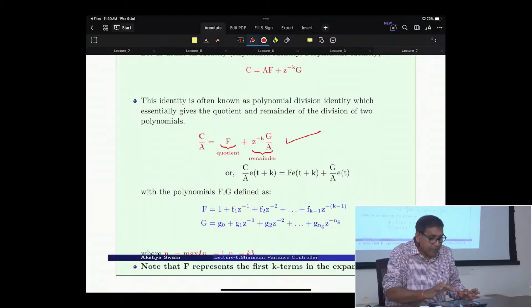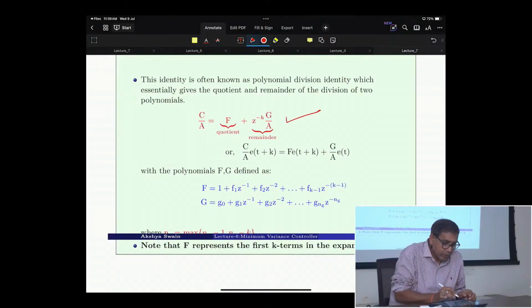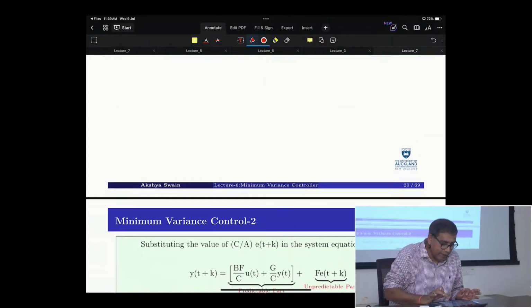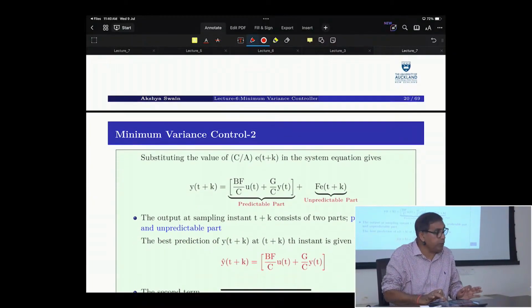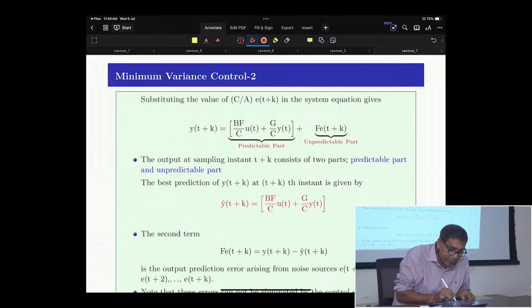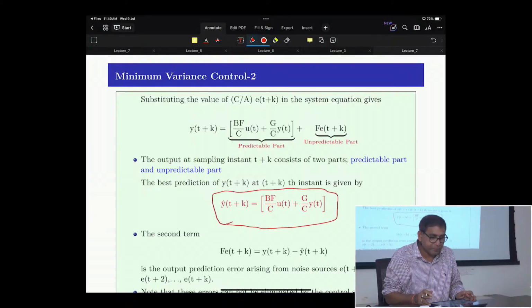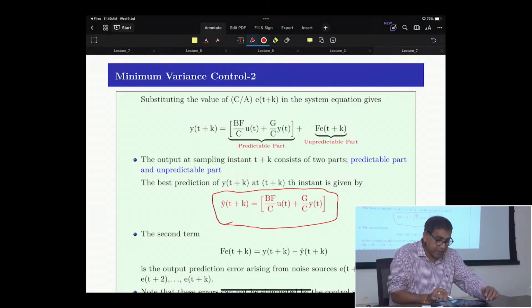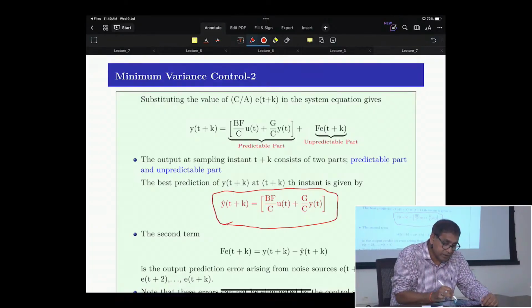Now what he did, after splitting it, where the definitions of F and G are there, now you will find, if you put it, I am not doing the mathematics, y hat t plus k is equal to BF by C u t, that is mathematical you can find out, plus G by C y t, right? Y t plus k is equal to this one plus this one.